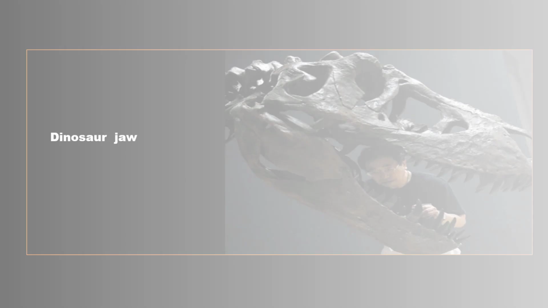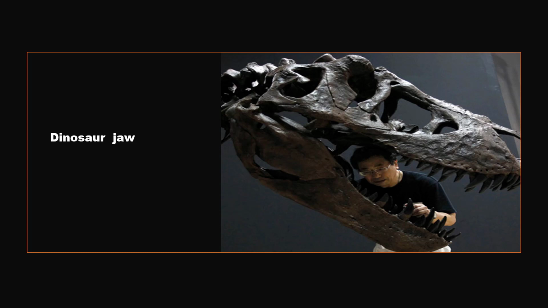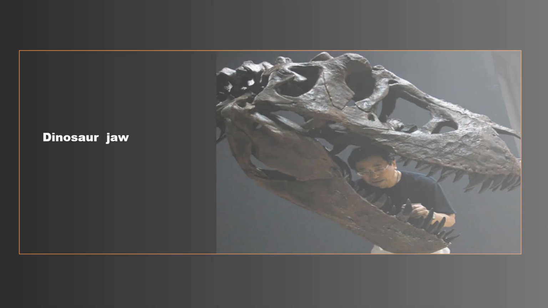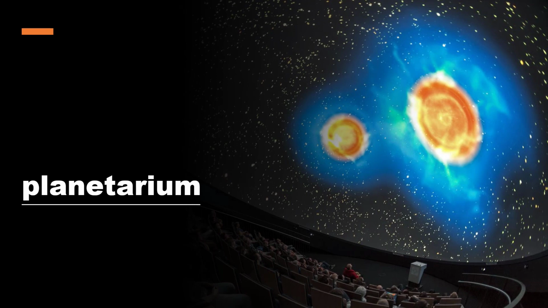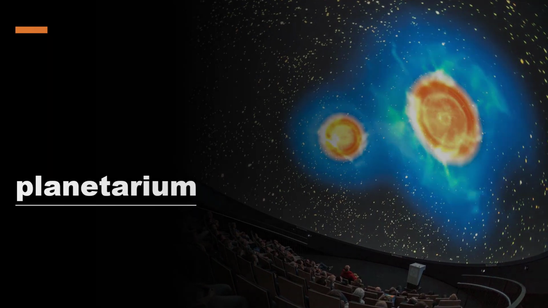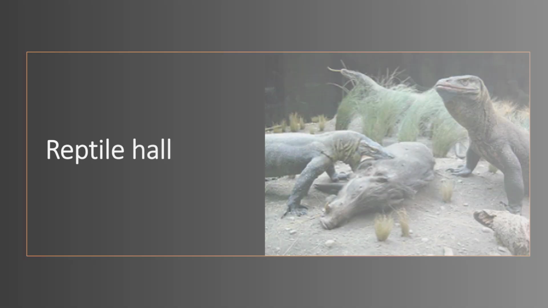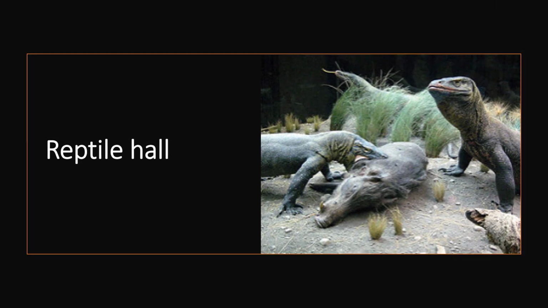Number 2, dinosaur jaw فك الديناصور. Okay, the next picture is planetarium أو القبة السماوية. Now let's go next. Reptile hall قاعة تعرض فيها الزواحف.